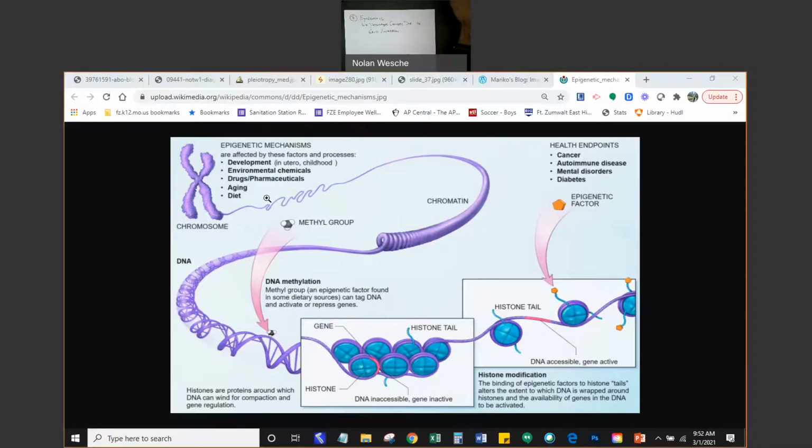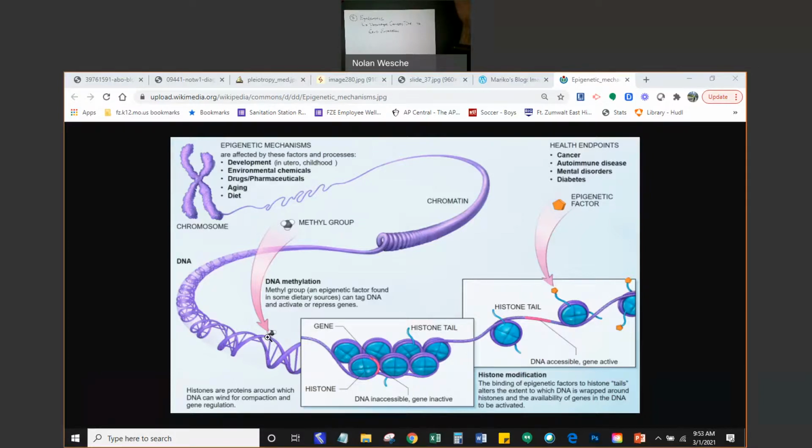So you could have changes in development, environmental chemicals, drugs, pharmaceuticals, as you age, or what your diet looks like, that can tag different regions of DNA with certain methyl groups. And that can switch genes on, or repress genes, switch genes off.